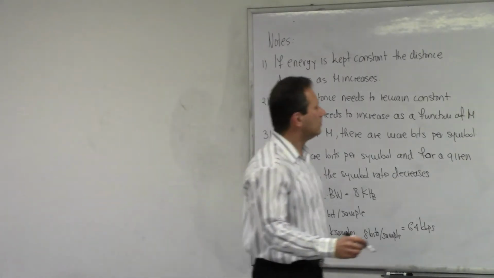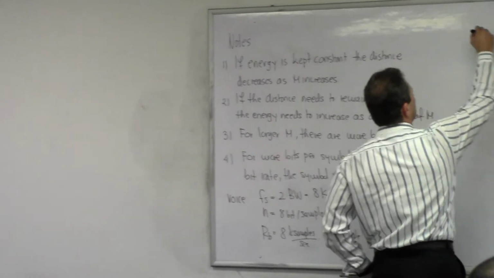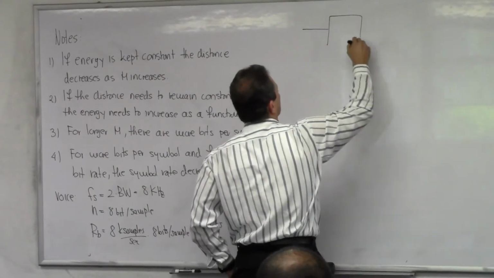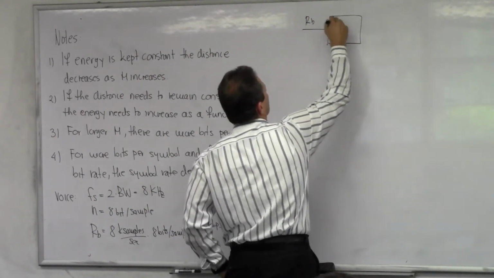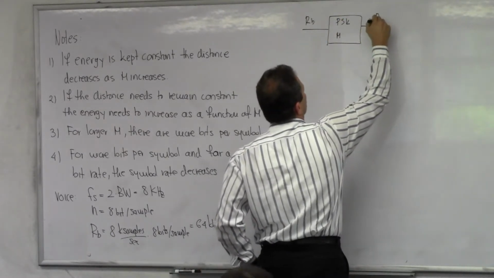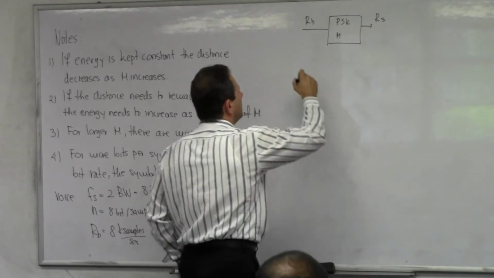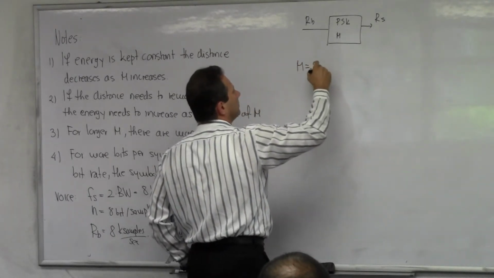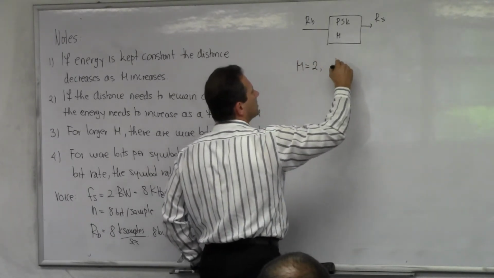Now, let's say we have this coming into a PSK module. So you have your RB here, and this is a PSK with a different M. And the question is, what is the symbol rate here? If M is equal to 2, then how many bits per symbol do we have?